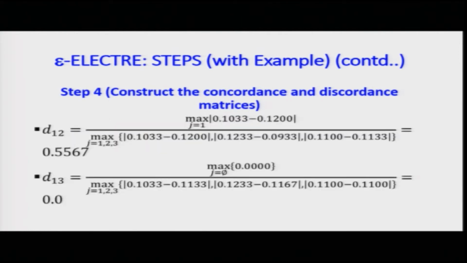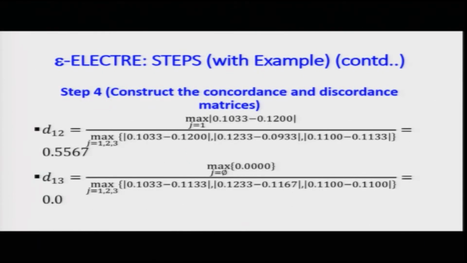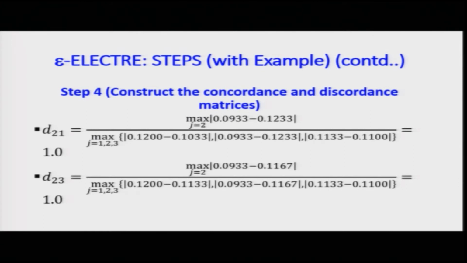Similarly, when I come to the D matrix, which is the actual discordance matrix, D11, D22 and D33, the principal diagonal, will be dash values, because you are not comparing them. The off-diagonal values are D12 is 0.5567, D13 is 0. When I go to D21 and D23, the values are 1 in both cases.